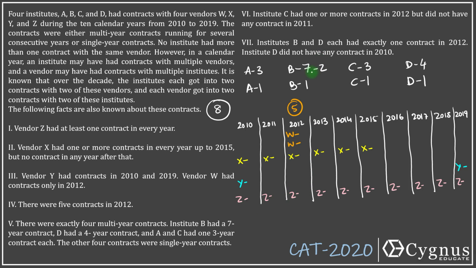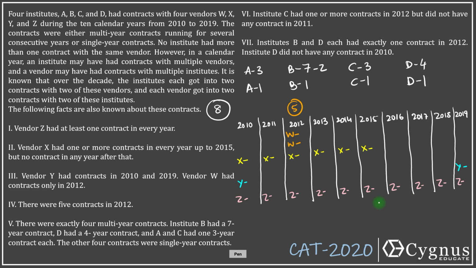If Z gets a 7-year contract and a 4-year contract, that will be 7 and 4, 11. That will be a repetition. But then the problem is that if a 4-year contract is here and a 7-year contract is here, the repetition will be in 2013. And if a 7-year contract is here and a 4-year contract is here, the repetition will be in 2016. But we want the repetition to be in 2012.